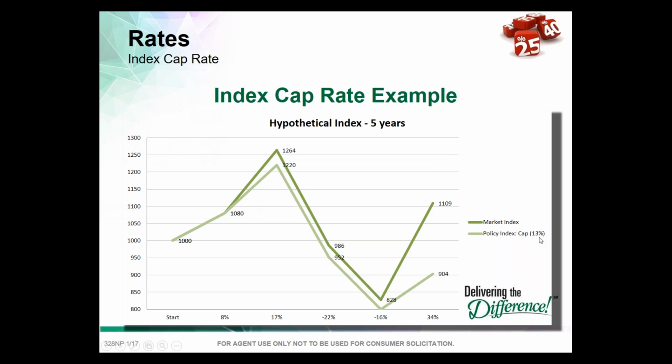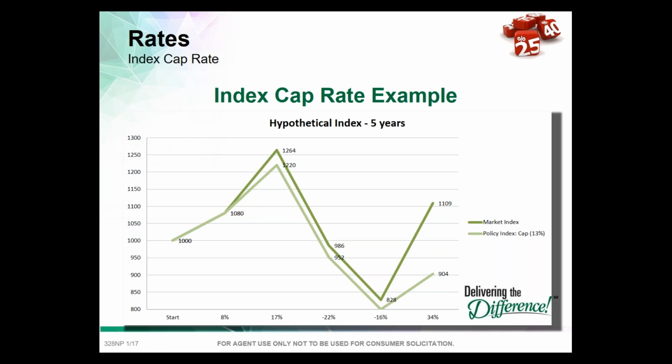So then the actual crediting rate is the cap rate, in this example, 13%. On the way down, and again, we're going to discuss protection against the way down, but in this example, on the way down, it's still within the 13% positive cap, and again down, and then you get a rebound year, big 34% here, the cap limits you to 13%. So this is how a cap works.